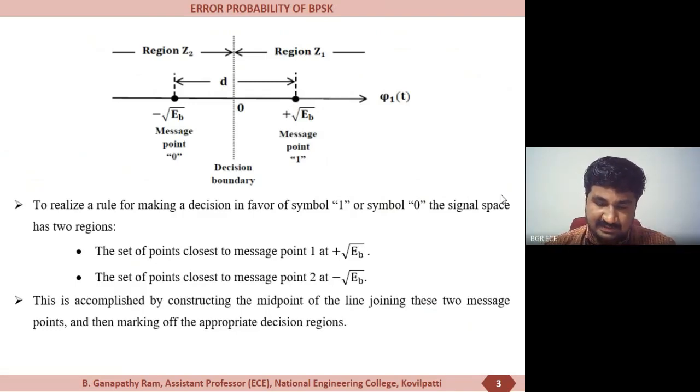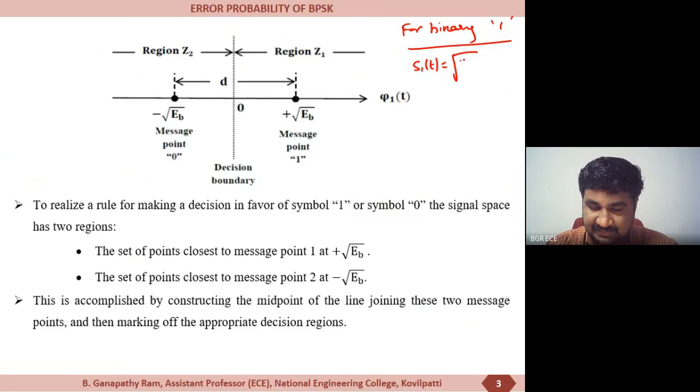We know that in BPSK, for binary data 1, S1 of t is transmitted, which is represented by root 2 EB by TB cos 2 pi FCT. And we know that the orthonormal basis function phi 1 of t is root 2 by TB into cos of 2 pi FCT.